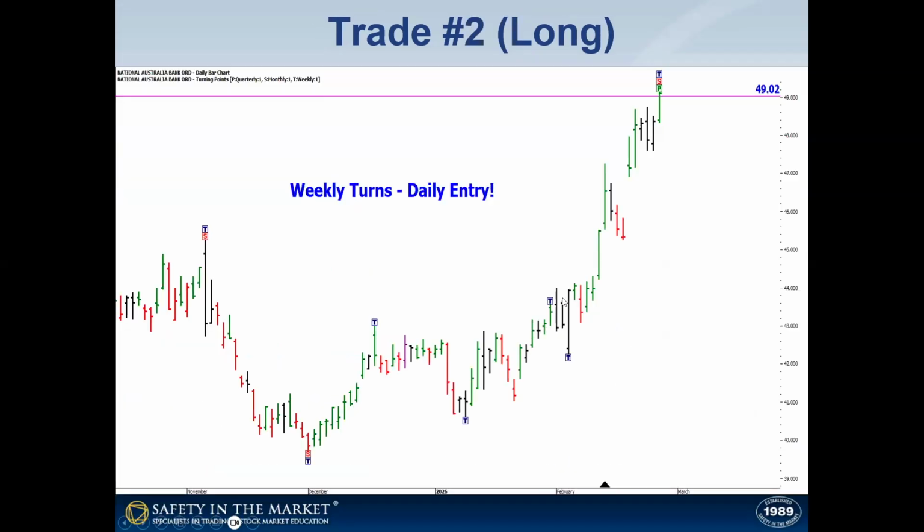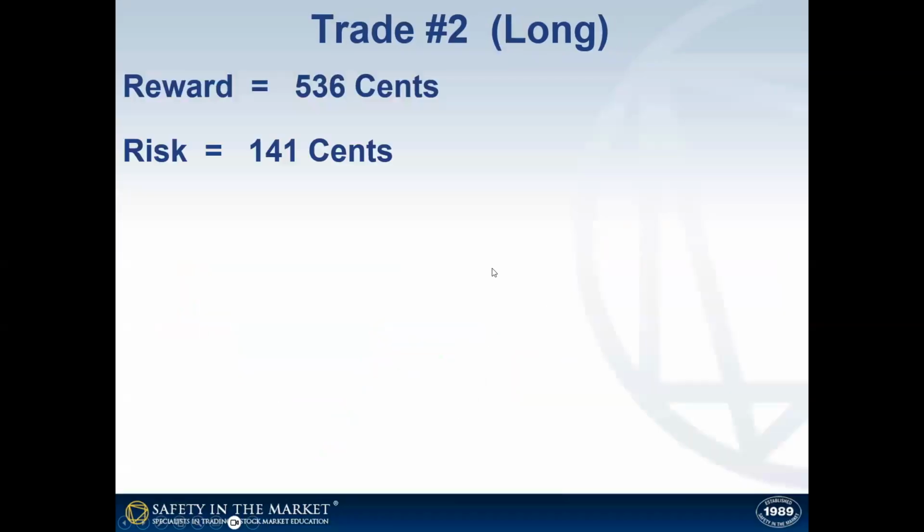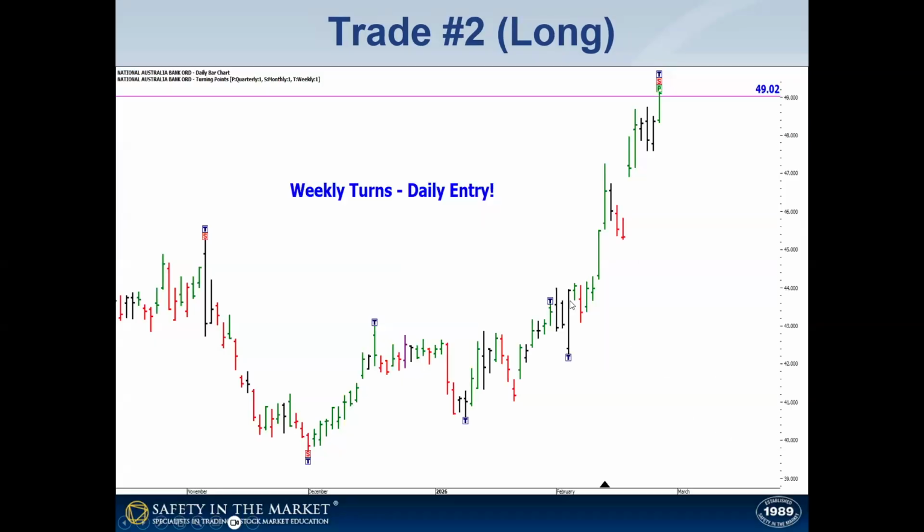Trade 2, this time we'd be entering at the break-in of this bar with this outside bar. There's our profit target hit at the top there, around $49. There's our reward. This time the risk was a little bit bigger. If I go back, this big bar here means that we're entering at the break-in of this little bar, but our stop's all the way back down below that bar, as opposed to down here where we only had a small entry bar.